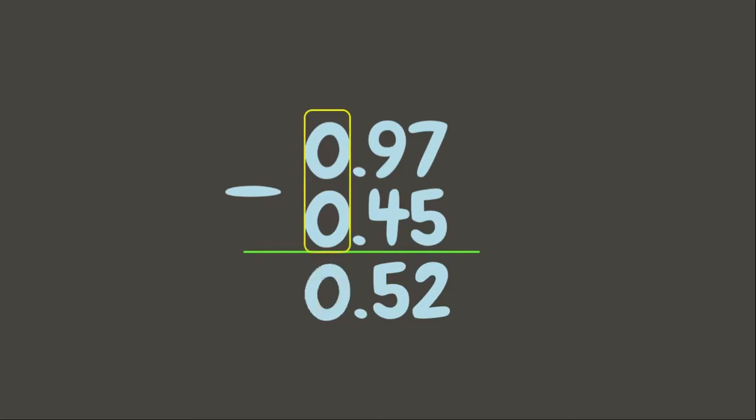Now let us subtract. 7 minus 5 is 2. 9 minus 4 is 5. Let us put the decimal point aligned from the decimal points above. And then 0 minus 0 is 0. Our answer is 52 hundredths.